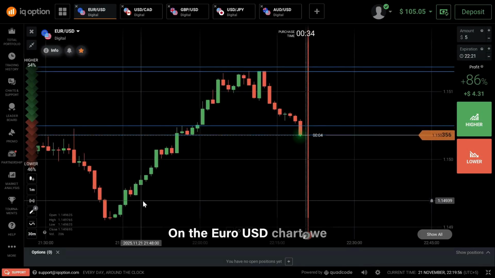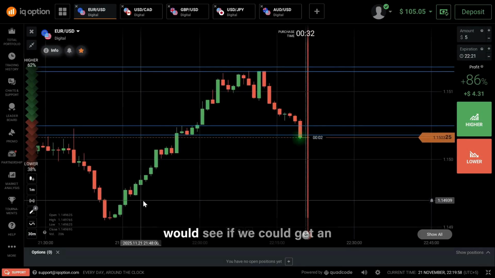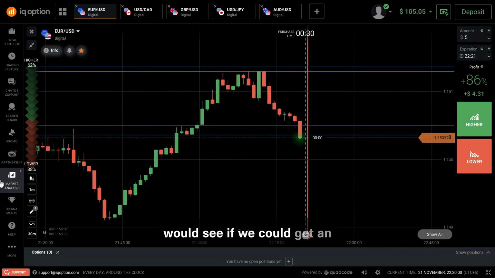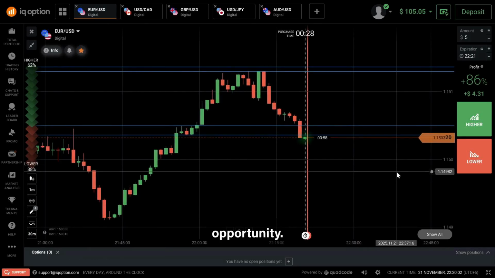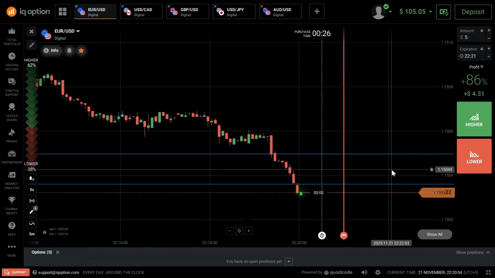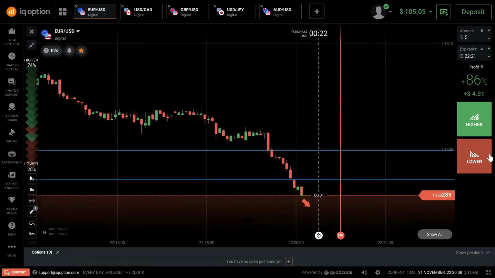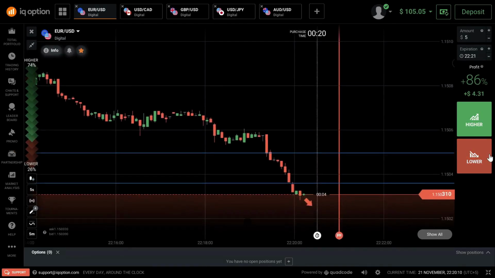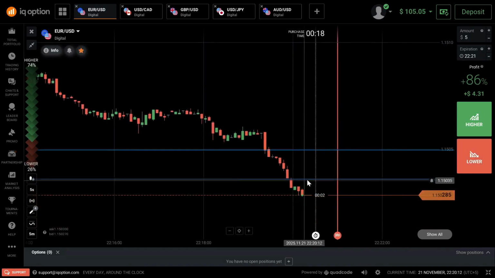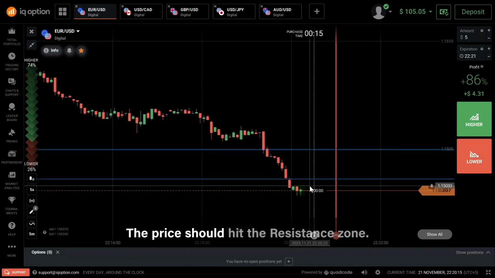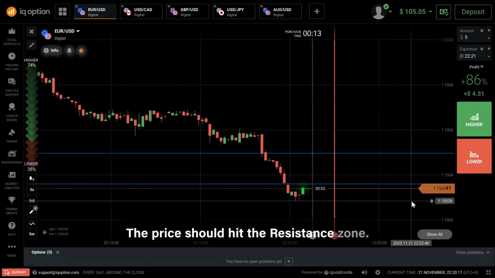On the EUR/USD chart, we would see if we could get an opportunity. The price should hit the resistance zone.